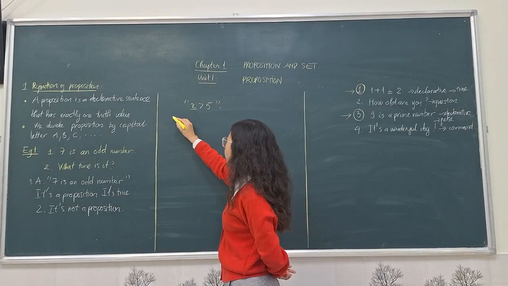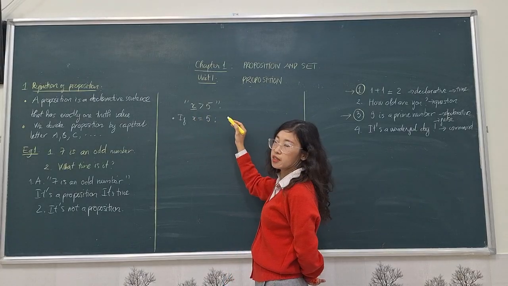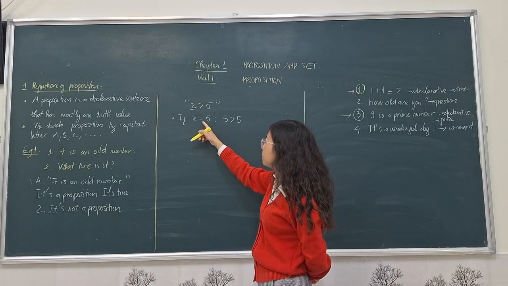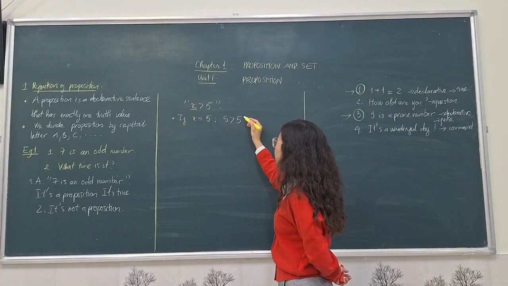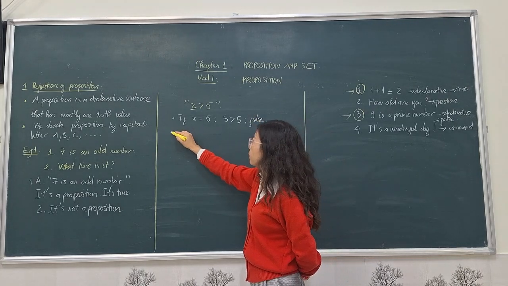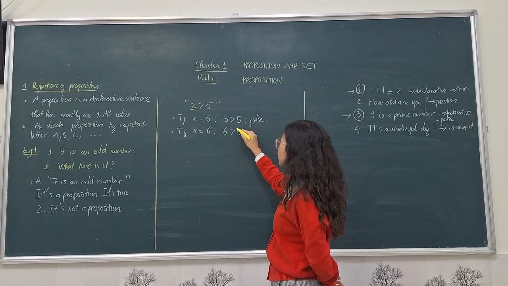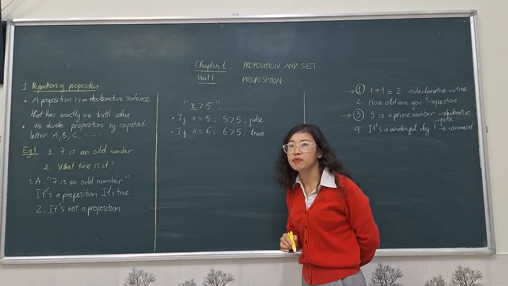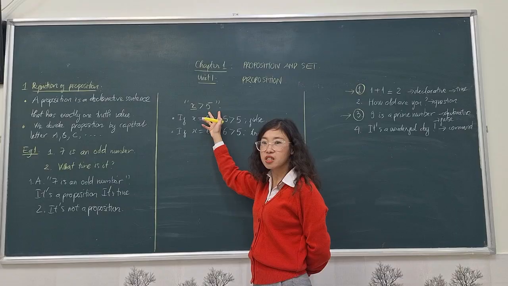If x equals 5, then 5 greater than 5 is false. And if x equals 6, 6 greater than 5 is true. So in mathematics we call this sentence an open statement.